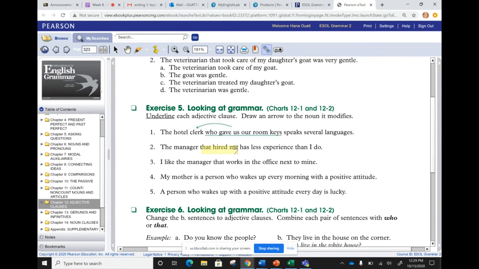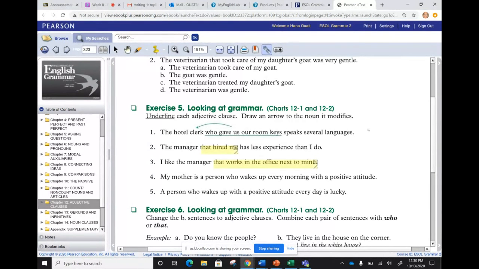Okay, Amani, number 3. Yeah, I underlined the adjective clause that works in the office next to mine. Good. Okay, what else did you do for number 3?